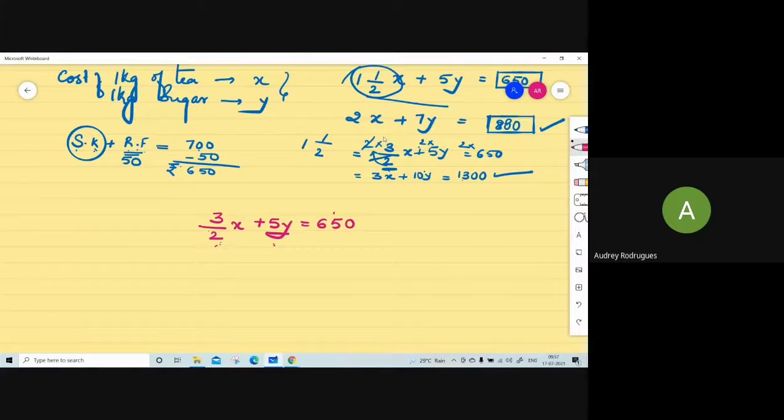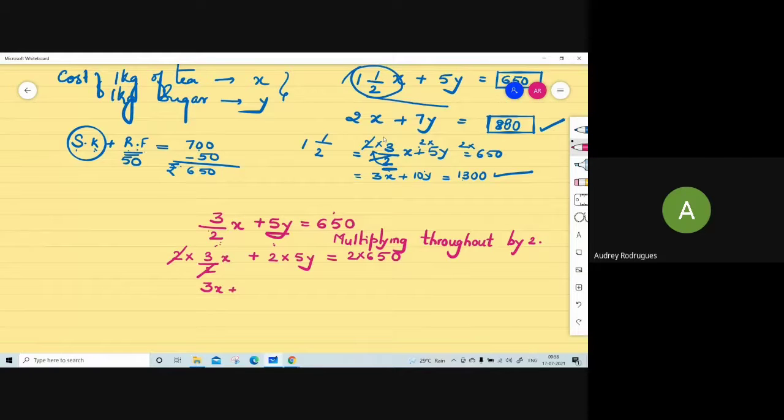So first, to remove this 2, we need to multiply 2 into 3 upon 2x plus 2 into 5y is equal to 2 into 650. Means we are multiplying throughout, the entire equation, by 2. So, ma'am, we do cross cancelling this 2 and 2, so it will become 3x plus 10y is equal to 1300.